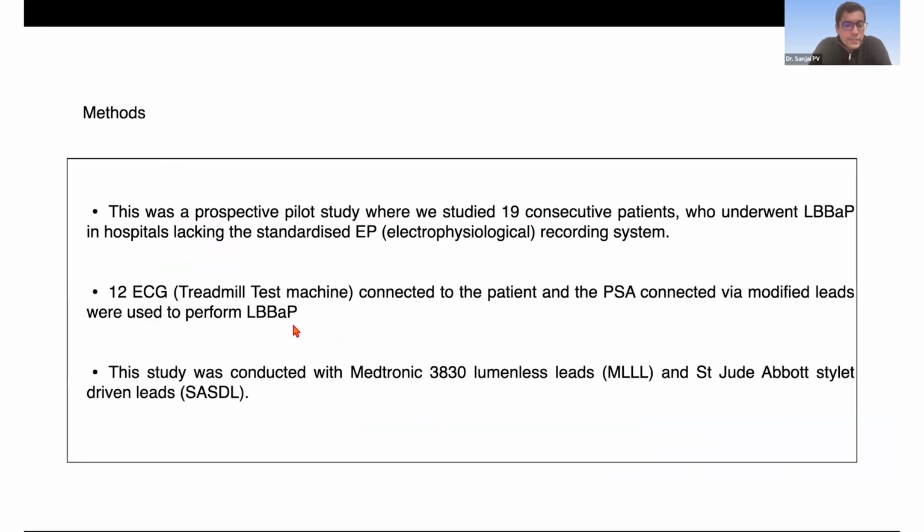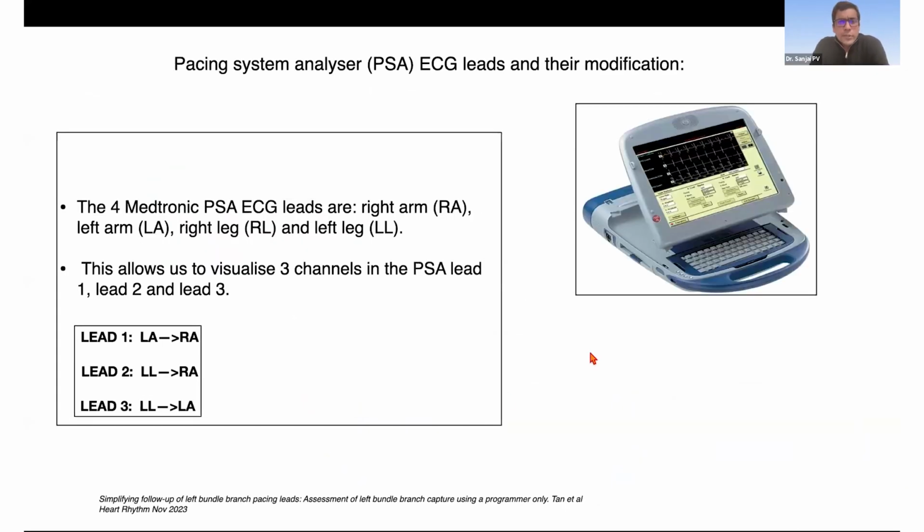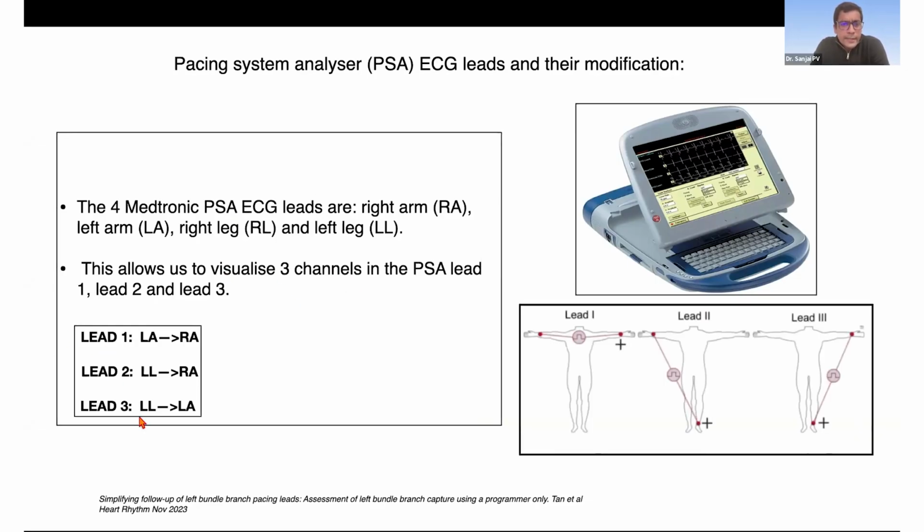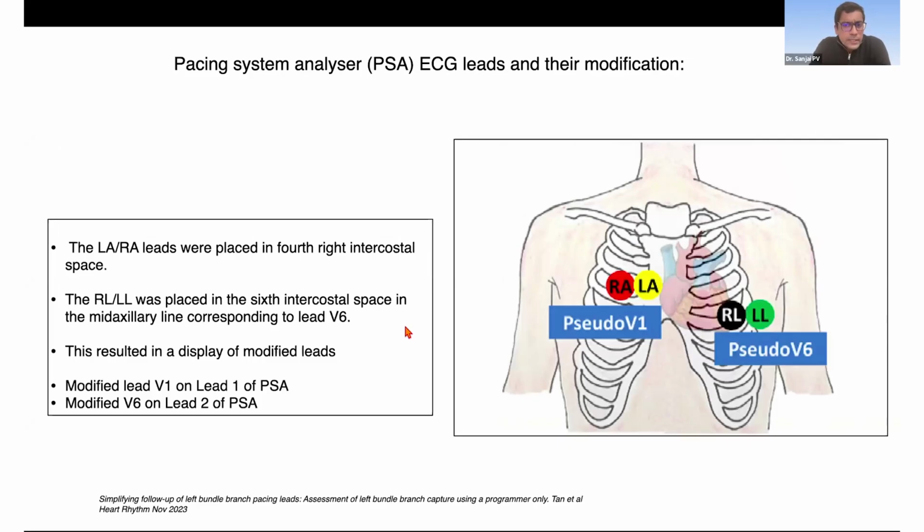And it was out of ease of access that we used the treadmill machine. And we also used the ECG leads from the Medtronic as well as the St. Jude systems. So when you have the Medtronic system and most of the other systems other than Abbott, the PSA would have 4 leads, and this could give us 3 channels on the PSA, which was lead 1, lead 2, and lead 3. So this was the interesting part.